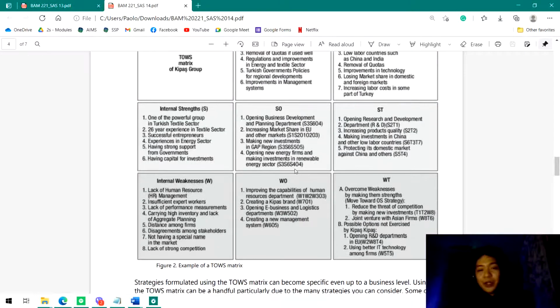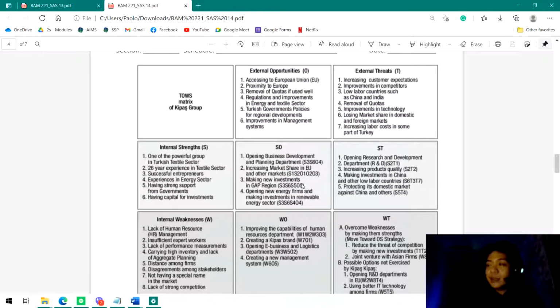Next, we're going with the WO strategies or the weakness and opportunity. Di ba nga pag weakness and opportunity, we are trying to take advantage of opportunities by minimizing our weaknesses. So, sinusubukan natin ngayon remedyohan yung weaknesses natin para ma-take advantage natin yung mga opportunities na nakalagay dito.